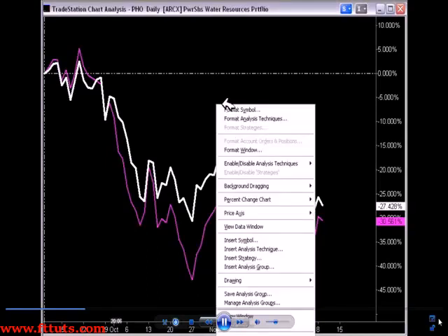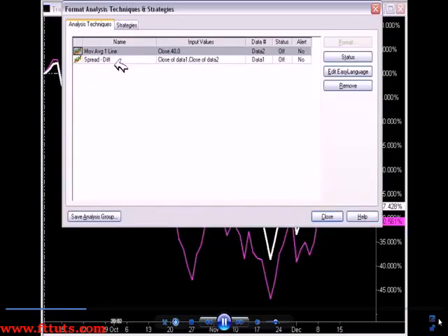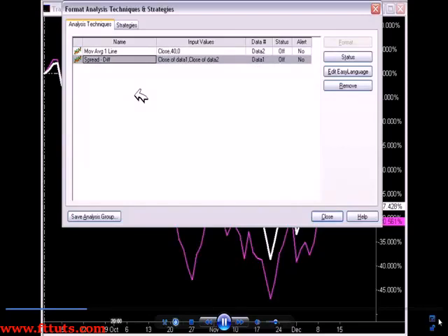In TradeStation, the indicator is called spread dash diff. Alright, and it's very basic. Again, nothing that I invented. It's already in TradeStation for you. And I'm sure it's in other charting platforms too, under various names.